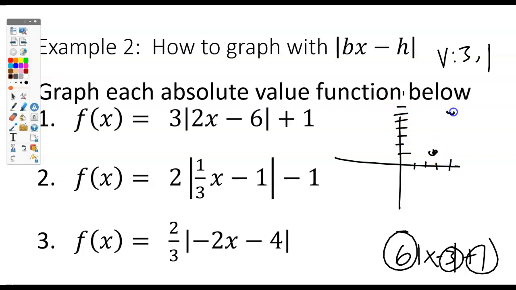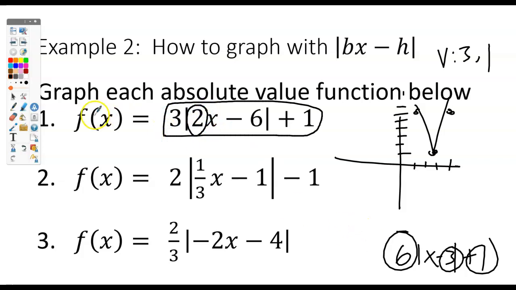So up 6 over 1 from the vertex, up 6 over 1 from the vertex, and there we go. All right, but the graphing part's not the new thing. I really want you guys to know how to rewrite this equation without that number there. So the steps are: factor it out, take the absolute value of it, and multiply it to the front.